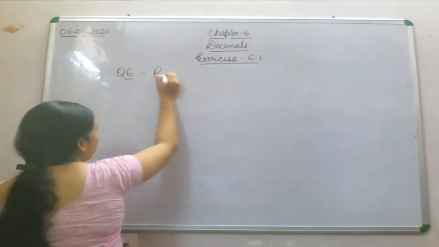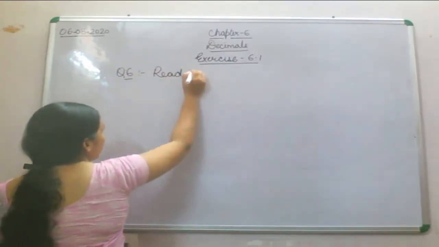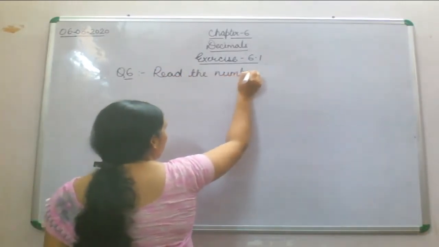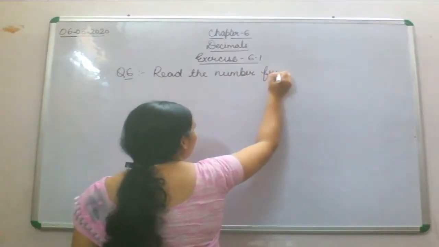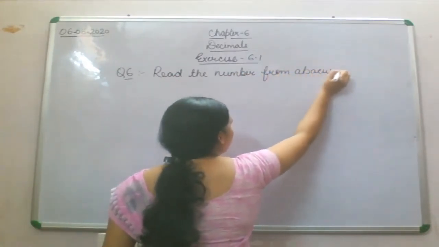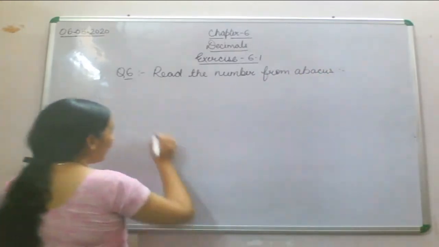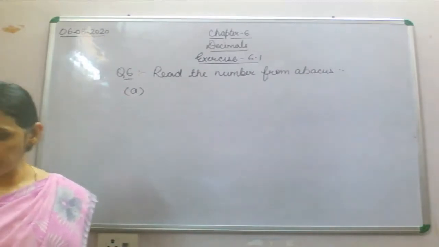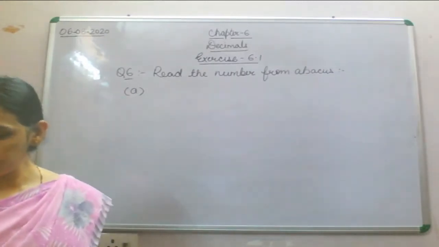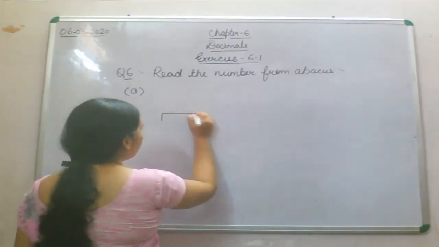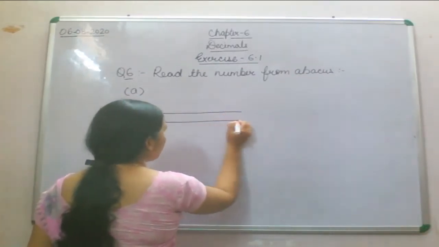Read the number from the abacus. Now I am going to represent this number, A part of question 6, as it has been given. You have been given different place values.